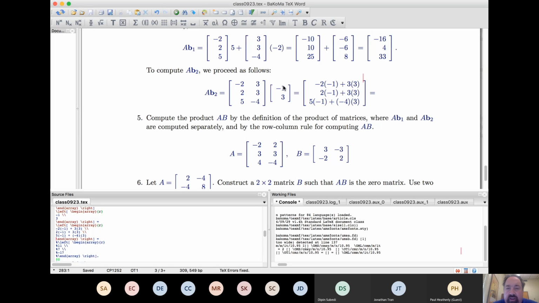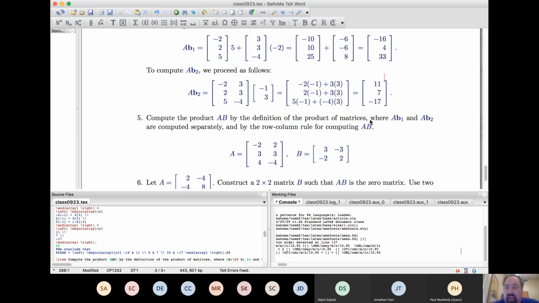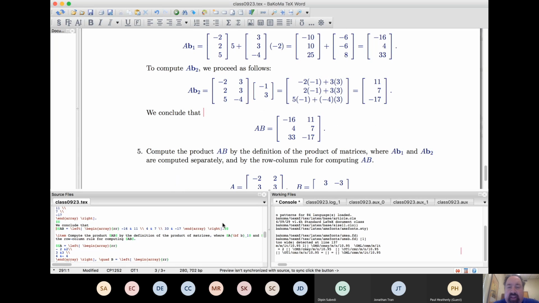So 2 times -1 plus 3 times 3, and then finally down here, 5 times -1 plus -4 times 3 for the third element. And this is our result. And so that's the second column of product AB. So then all you have to do is slap those two columns together.